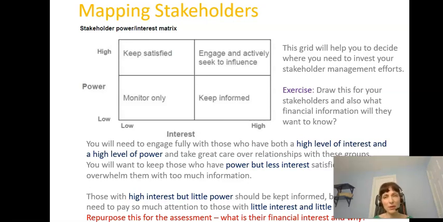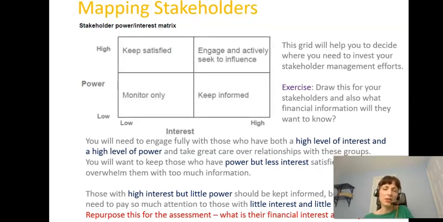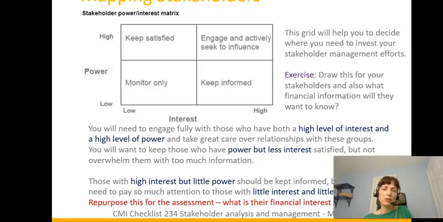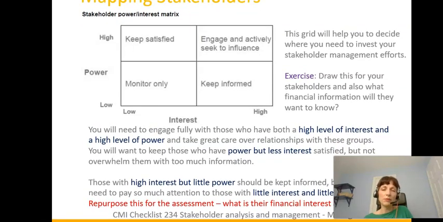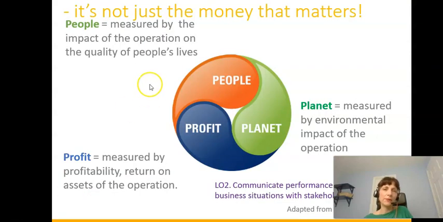If it's the government and they're concerned about our financial performance, that could be high, so we could actually be part of steering groups and committees connected with the government. So we need to repurpose this from a financial perspective. This is not just about stakeholder communications, it's about financial stakeholder communications. And again, we've got the checklist there that we can refer to.